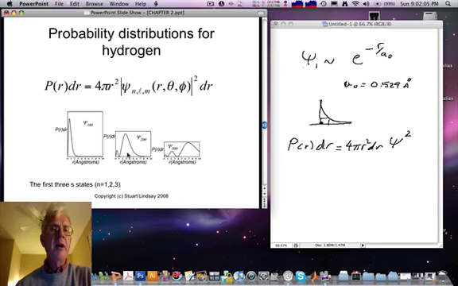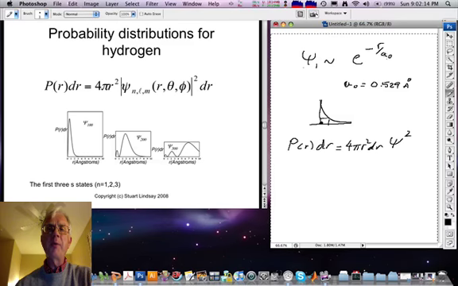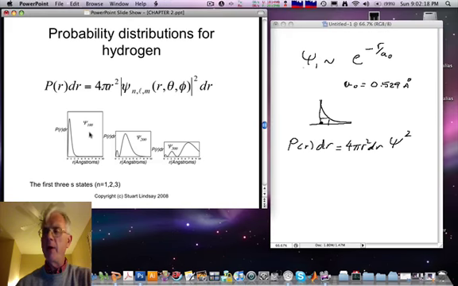And here are what those probabilities look like in cross-section. They're spherically symmetric. So here, for the principal quantum number 1 and the azimuthal and magnetic quantum numbers 0, you see we have a shell which peaks actually right at the Bohr radius of the atom.